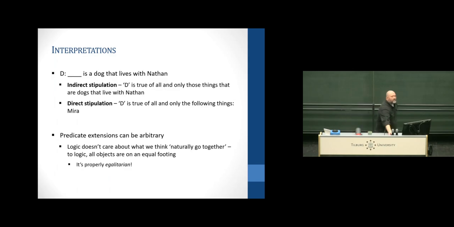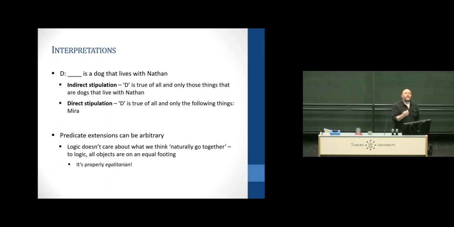And we do this by saying, hey, our predicate letter stands for some property out in the world. And then what we need to do is go find the things in our domain that actually have that property. So if we say the predicate D stands for a dog that lives with Nathan, then to find out the extension of the predicate, you've got to go look and see what are the dogs that live with Nathan. In this case, it would just be my dog, Mira.